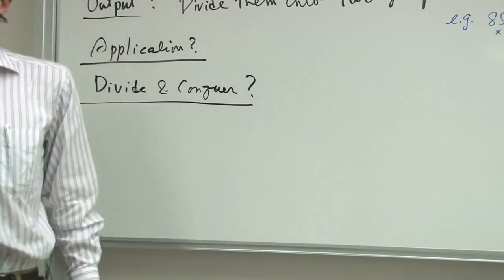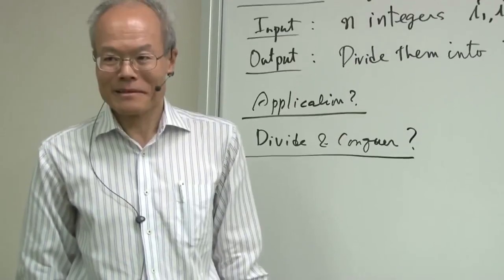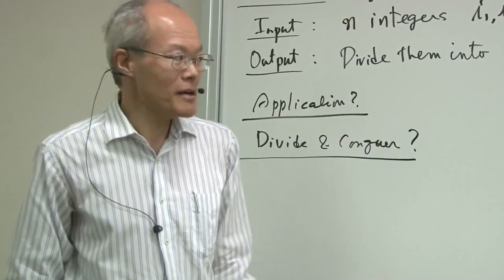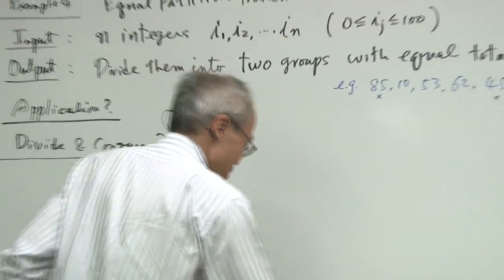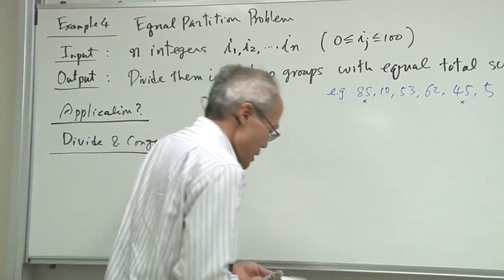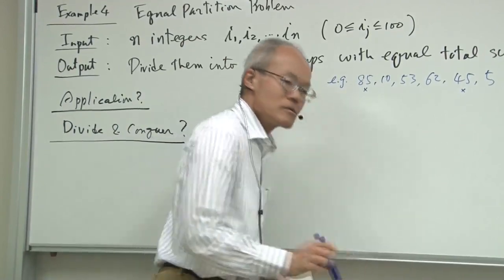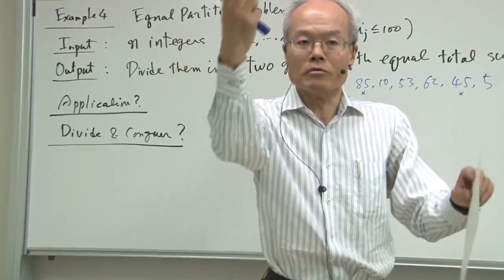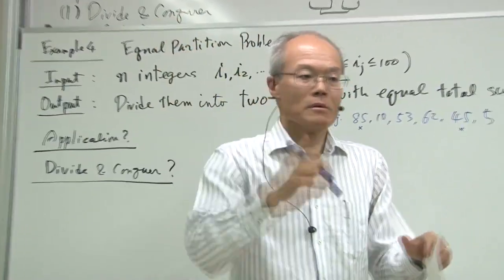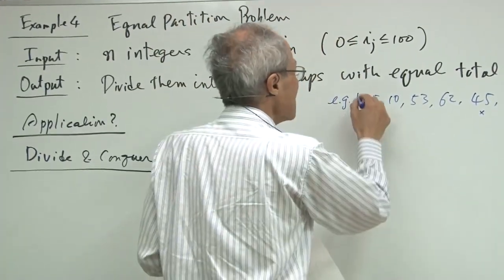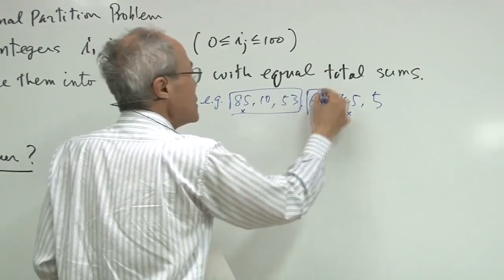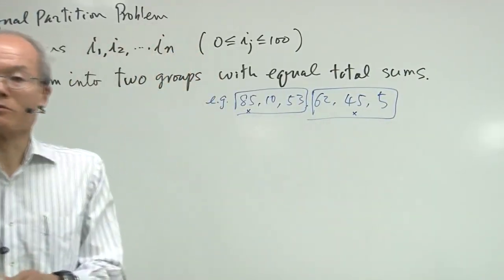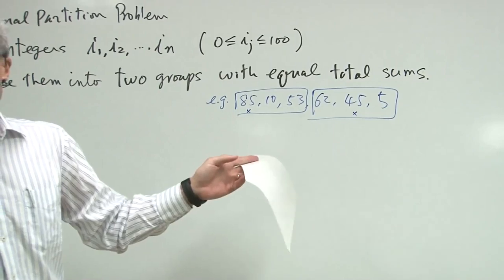Let's try to use divide and conquer. So what is divide and conquer? Divide and conquer is to divide the problem into maybe 2 small problems. For example, these 2 small problems.